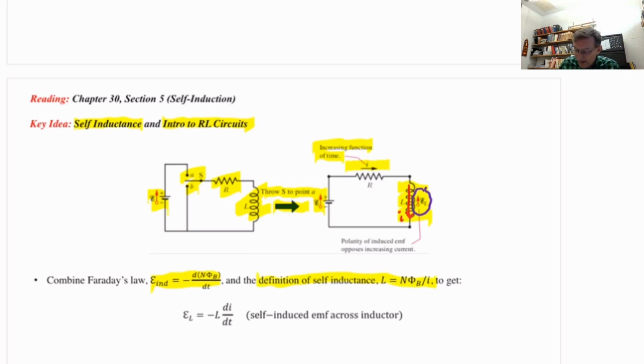L equals N phi sub B over I. So that just means that N times phi sub B is equal to L times I, and L is a constant, so I can bring that out front of the time derivative, and I get an alternative way to express the induced EMF across an inductor. Curly E sub L is negative L dI/dt. So the induced EMF across an inductor is minus L, the self-inductance of the inductor, times the rate of change of its current.